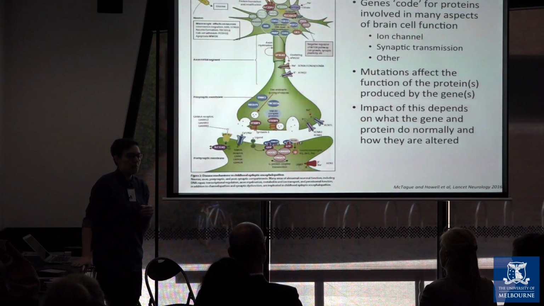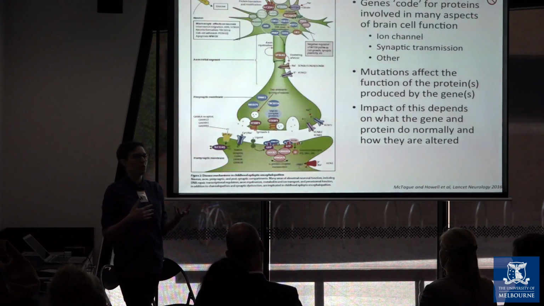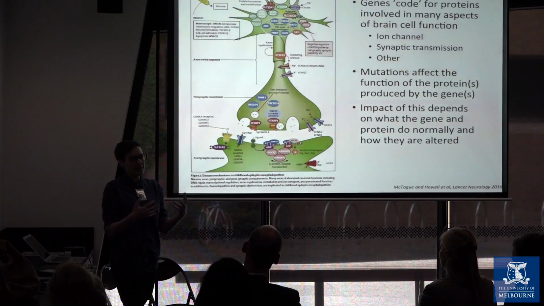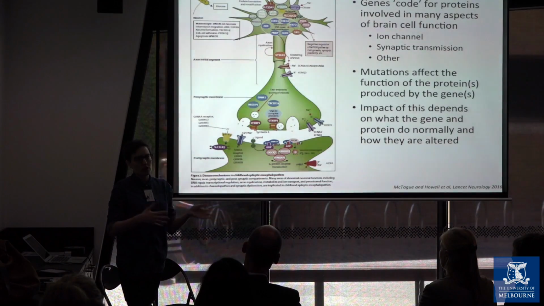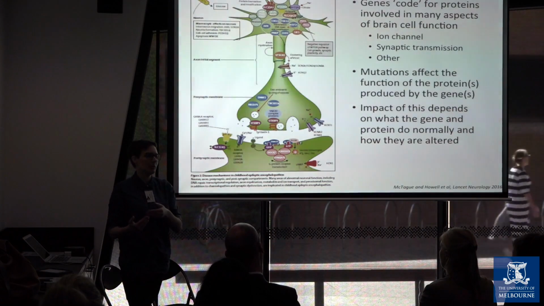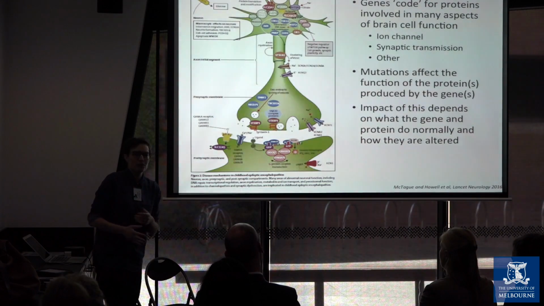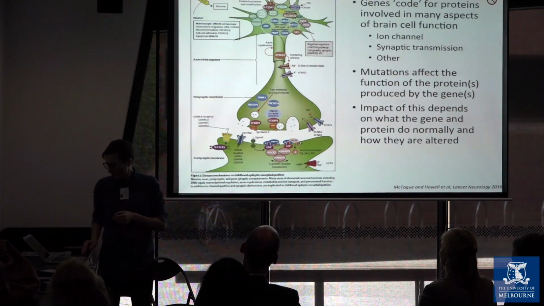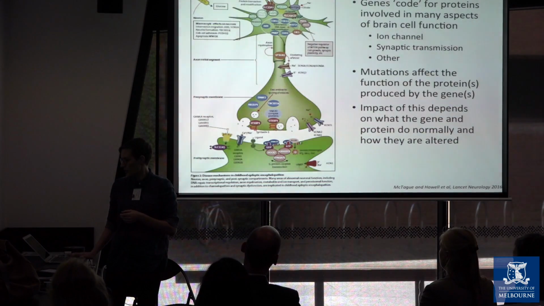For example, there are some conditions where the protein is required from the newborn period and symptoms will present from then, and others where you don't really need that protein all that much until later in life, and that can sometimes mean that things don't present until a bit later on. That's not an all or nothing thing, but there are a few conditions where that actually does hold true.